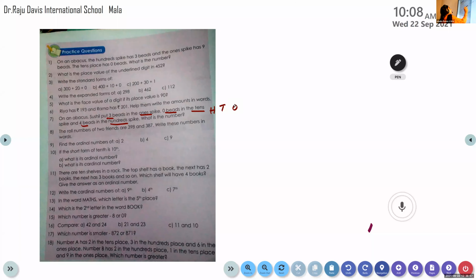So in the ones, how many beads in one spike? 3 beads in one spike. 0 beads in 10 spike, so 10 place 0. 4 beads in 100 spike, so 100 place 4. What is the number? 403. So please write the answer. 403.